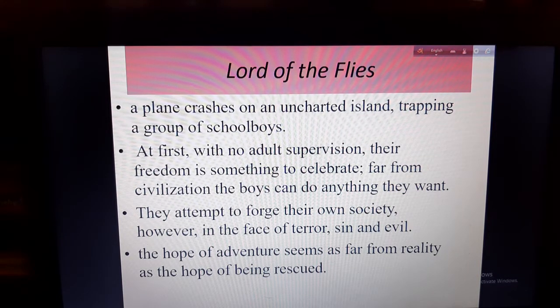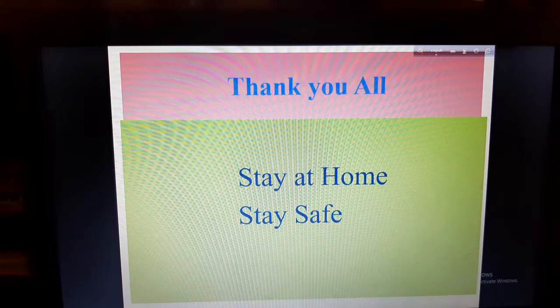Here actually we see two types of character, good and evil, and through their characterization, through their activities, William Golding showed the evil side and the good side of human beings. The hope of adventure seems as far from reality as the hope of being rescued.